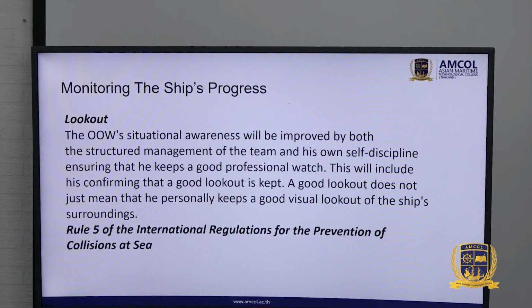Lookout, part of COLREGs, every ship has to maintain a lookout. Many times during the day, in open sea conditions, the officer of the watch may be the lone lookout, but most of the companies in their procedures have mentioned that from sunset to sunrise it is officer of the watch plus a lookout.